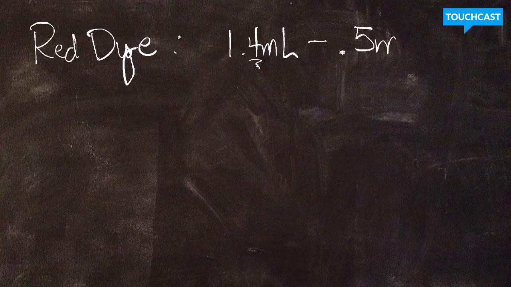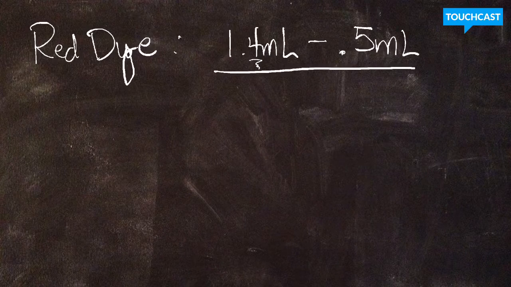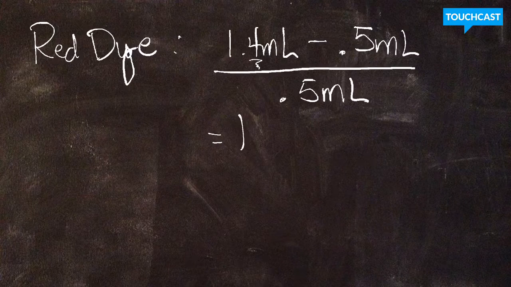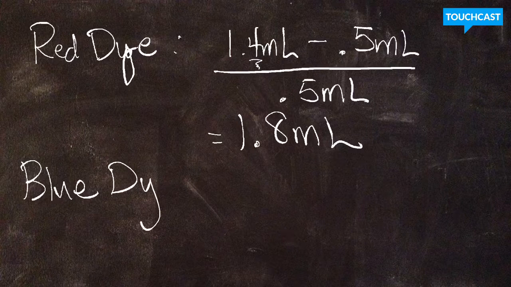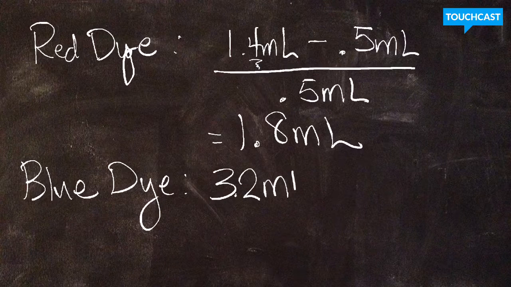So I'm going to go like this, milliliters. And you divide that by the 0.5 milliliters here. And so the red dye has a capacity value of 1.8 milliliters. Now, if you do that for the blue, I'll give you some help here, so check your work. The center of the band was at 3.2 milliliters.